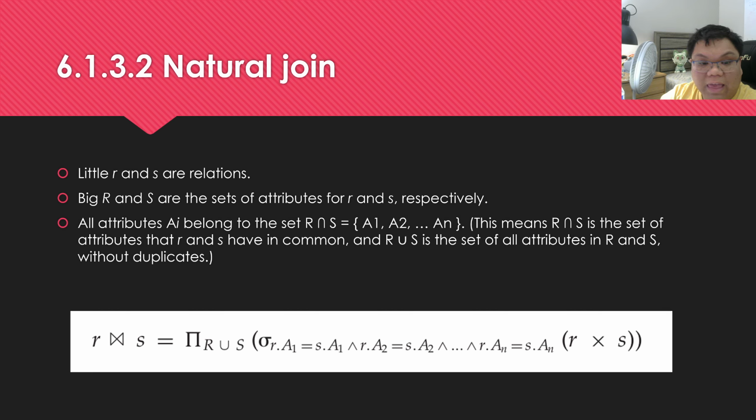So, if R and S have at least one attribute in common, then R intersect S will have at least one common attribute. It also means that R union S will have fewer attributes than the number of attributes of little r Cartesian join little s. Is this all making sense?